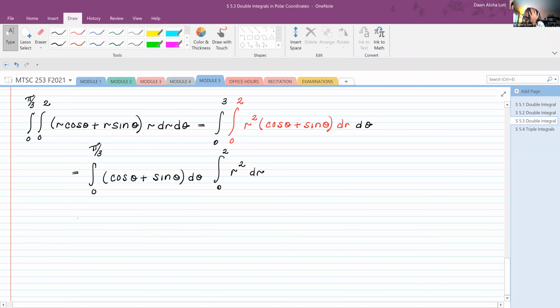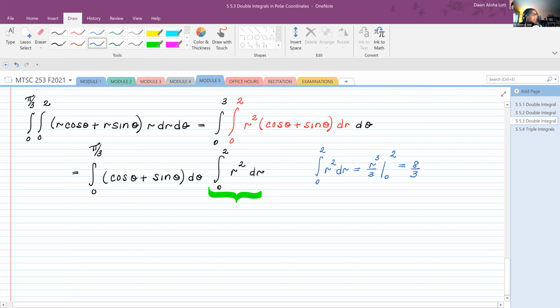So this piece right here is the integral from 0 to 2 of r squared dr. That turns out to be r cubed over 3, evaluated between 0 and 2.